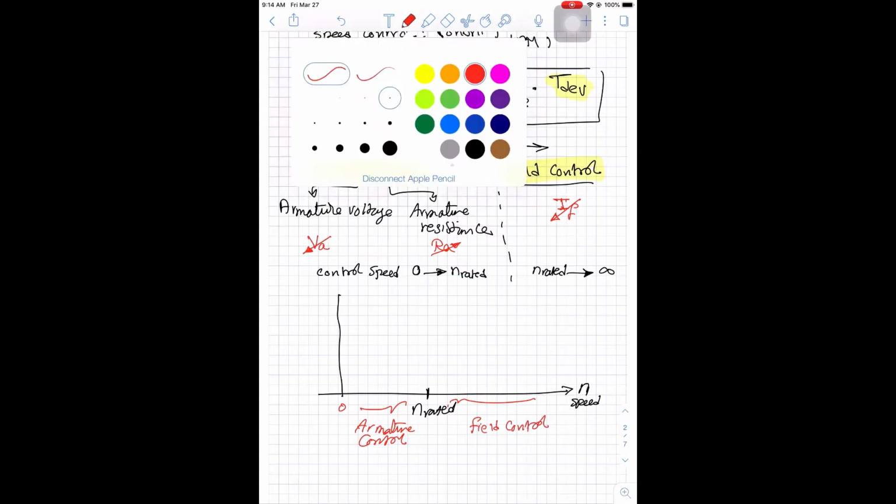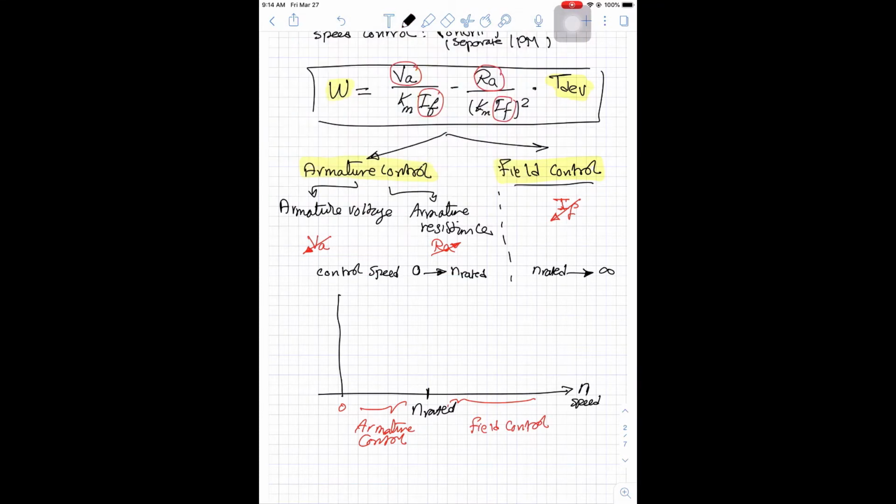If we need to sketch, for example, the field current, when we do armature control the field current will be constant, and when we do field control, we start to decrease the field, and when the field current reaches 0, the speed reaches infinity.